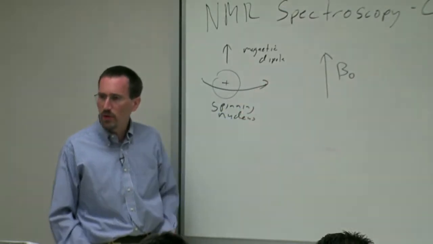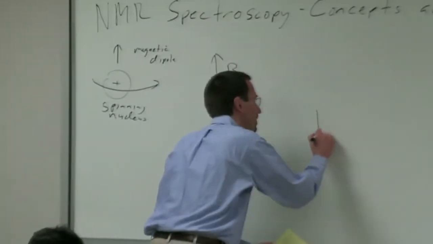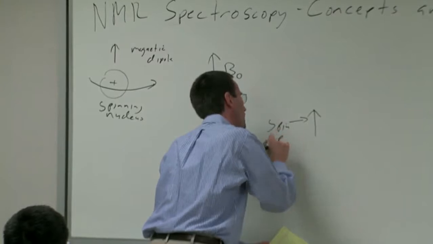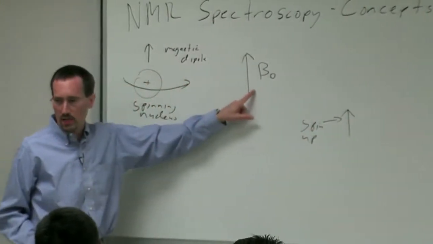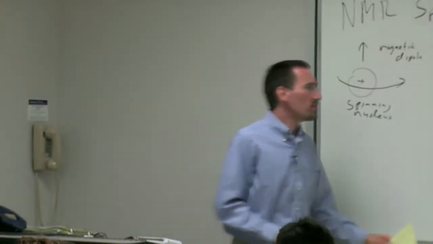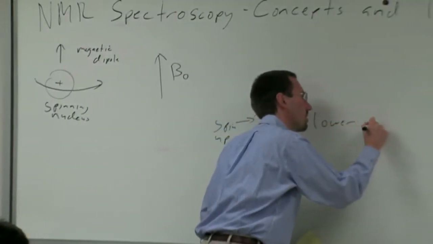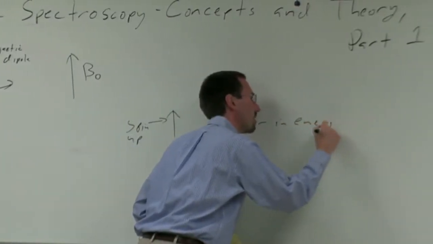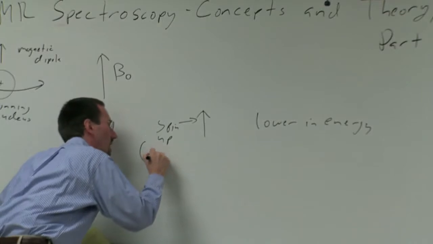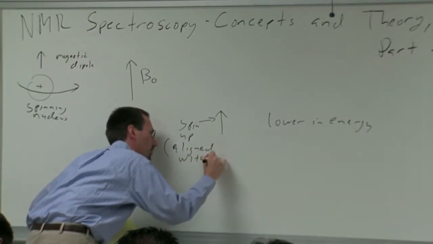The spin of the nucleus can either be spin up. If it's spin up, in other words, in the same direction as the applied magnetic field, then this is going to be lower in energy. By up, I mean aligned with B0.